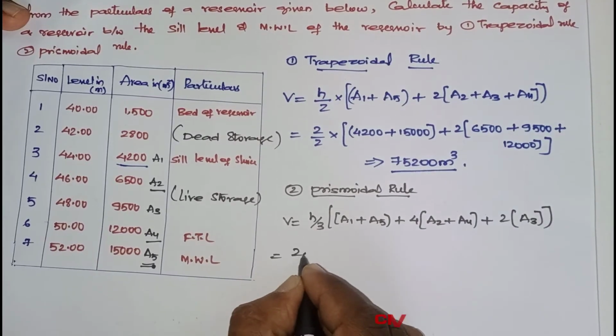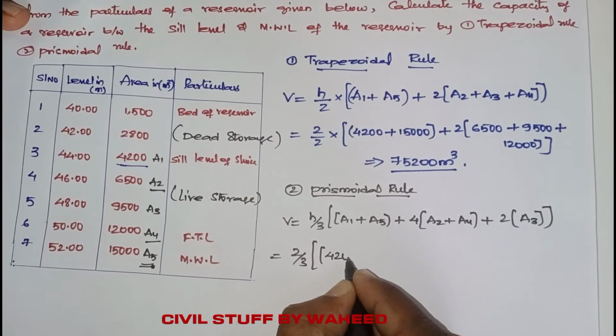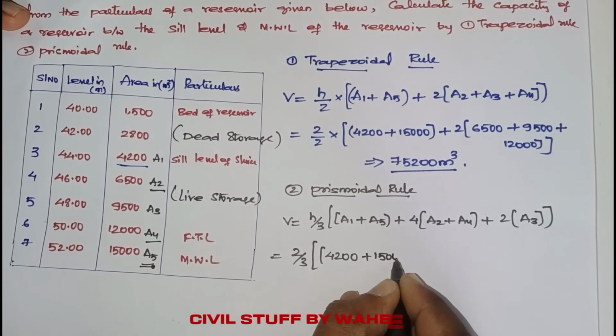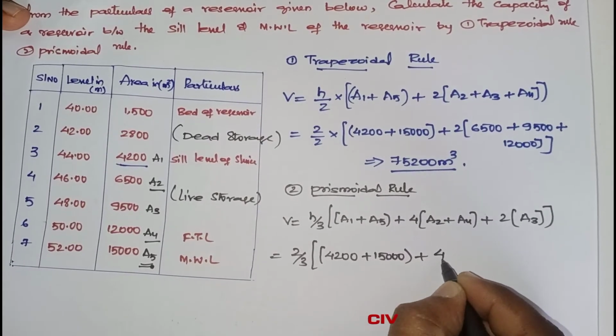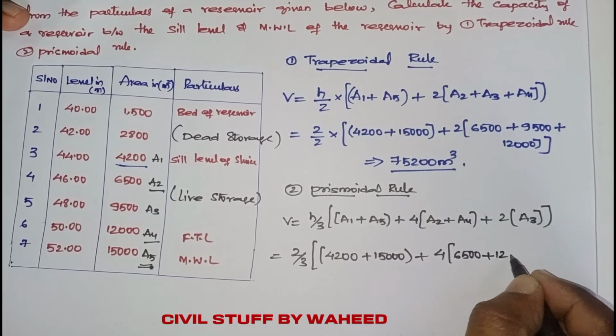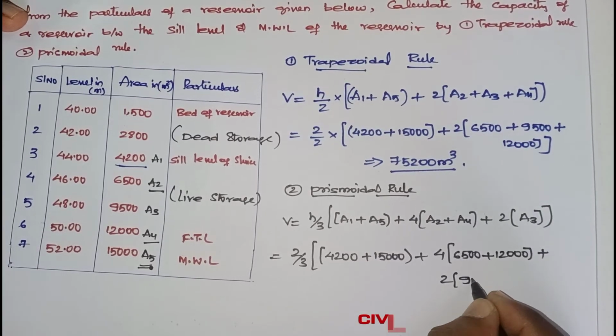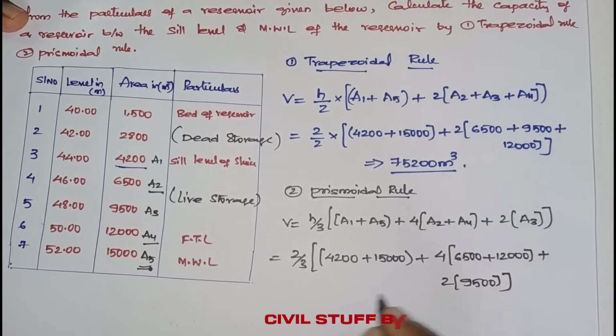So 2 divided by 3. What is the first area? 4200 plus 15,000 last area, plus 4 times of 6500 plus 12,000, plus 2 times of 9500.